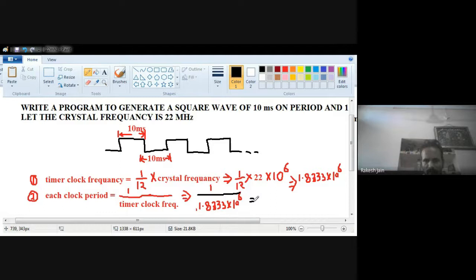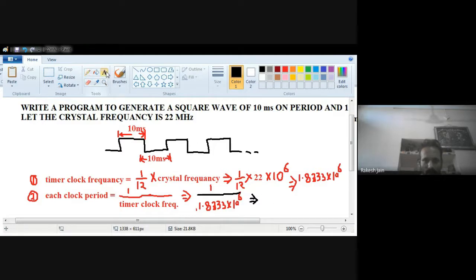So it will be equal to what it is. I just check on calculator. So 1 divided by 1.8333, that is equal to 0.545. So it will be 0.545 multiplied by 10 to power minus 6.